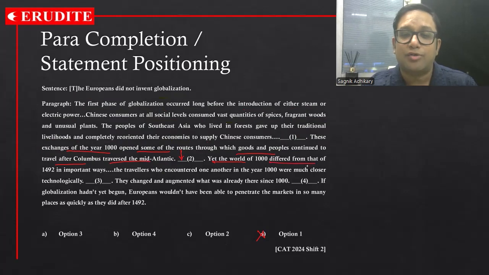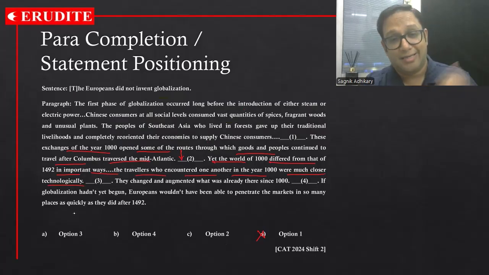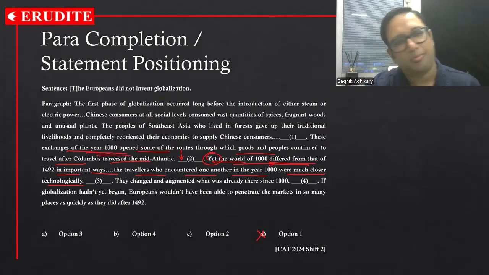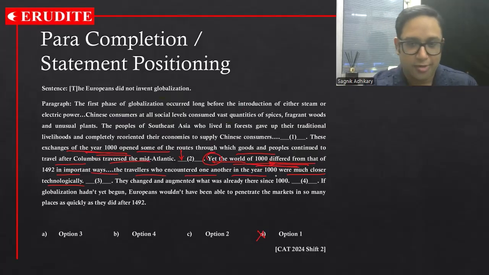Yet the world of 1000 differed from that of 1492 in important ways. The travelers who encountered one another in the year 1000 were much closer technologically. Here again, we see the world of 1000, yet the world of 1000 differed from that of 1492. We introduced the year 1000, or the peoples of 1000 here, and then we talk about this, where we show a difference from the world of 1000.